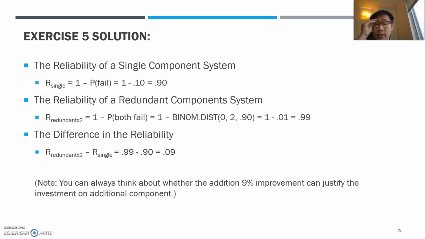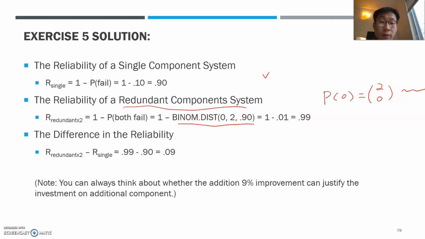Here is what you're seeing. We got this already, the redundant component system. So when you are making it a redundant system, you are interested in this, right? And whatever comes afterwards: exactly 0 functioning out of 2, which is something you can obtain from here.